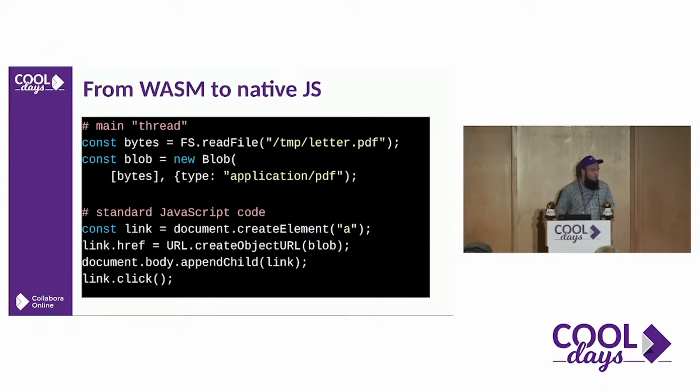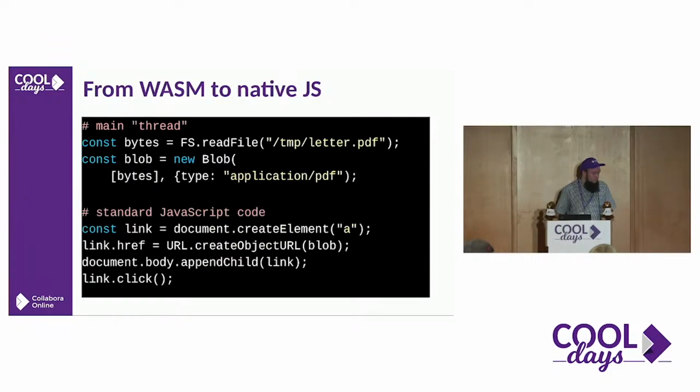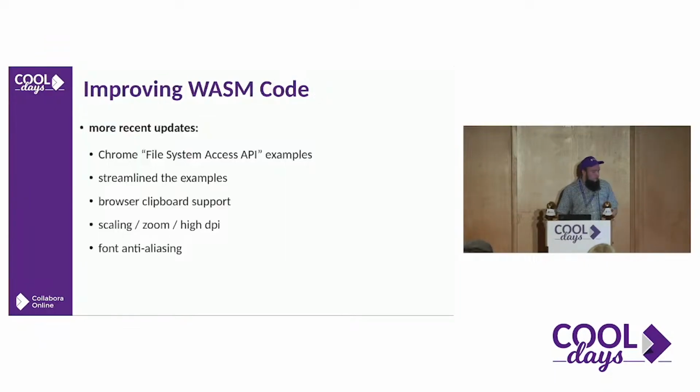Looks a little bit ugly, but that's actually how JavaScript does it in the browser. Builds a download link from this byte array, and you get a nice pop-up where you can download your PDF file from the LibreOffice running here inside the canvas.